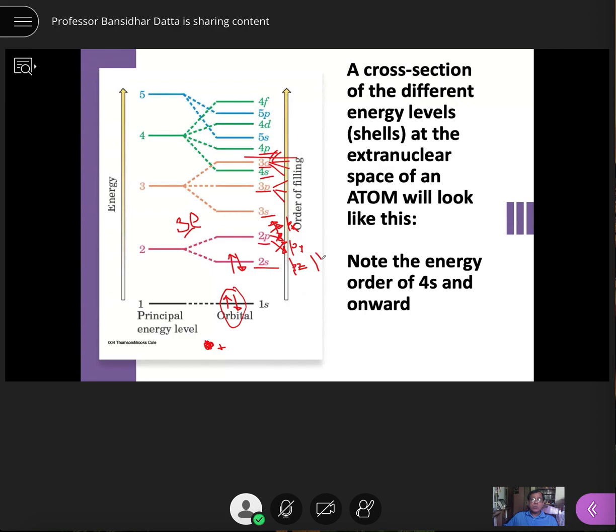Once again, what is Hund's rule? H-U-N-D, Hund's, apostrophe S, right? Hund's rule says when the atom has more than 1 equal energy orbitals, like px, py, pz, electrons will be distributed one at a time.